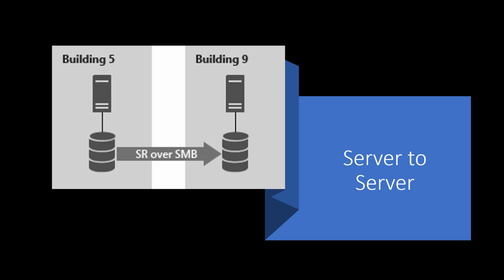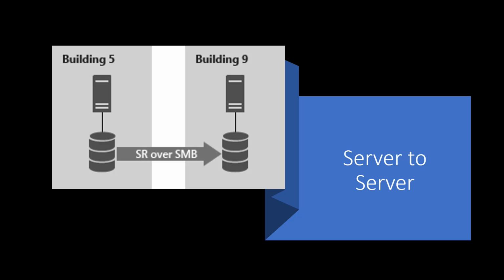So if I had multiple volumes, say I had this one drive I wanted to go from building 5 to building 9, I set up an SR partnership for that particular volume. But there's a second volume in building 5. I want to go to building 22.